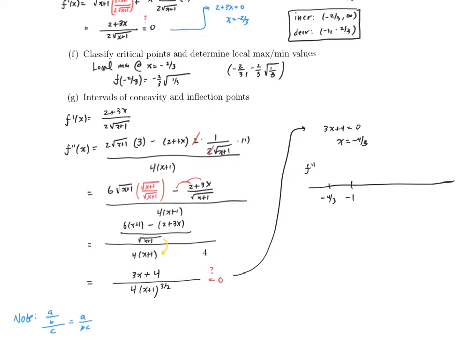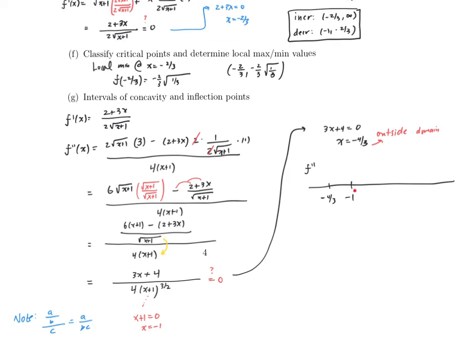And minus 4/3, note, is outside the domain. Also, we could potentially have to worry about where the bottom is equal to 0, but note x plus 1 equals 0 precisely when x is equal to minus 1.